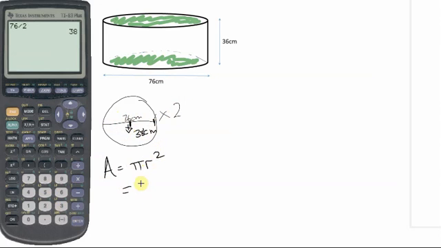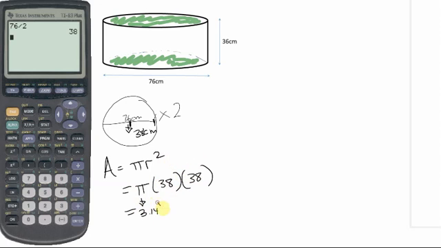So the area of the circle on the bottom is going to be pi times 38. Because it's squared, one way to do it is 38 times 38. It's also sufficient to use 3.14 for pi if you want to, but there is a pi button here, by pressing second and that exponent button.